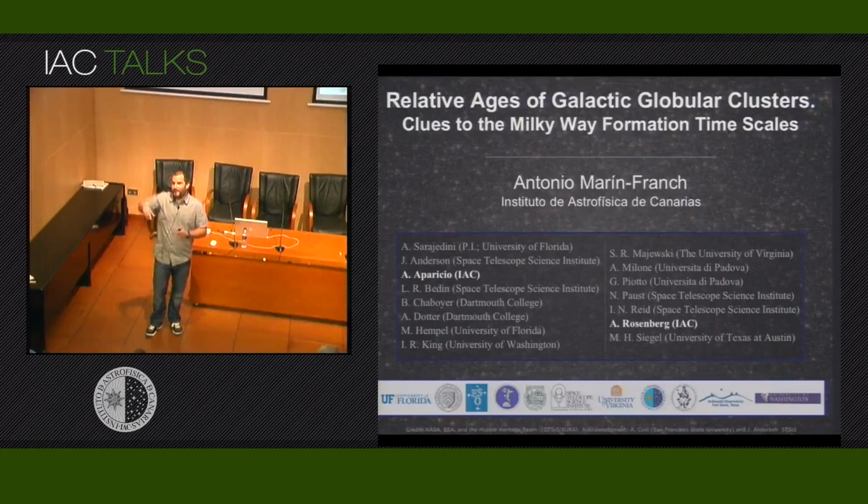So I was trying to see if I would find a special 3D distribution of these clusters, but I didn't find anything. So both of them are well mixed. I didn't find that the young or metal-rich clusters were in a different 3D distribution than the old ones.